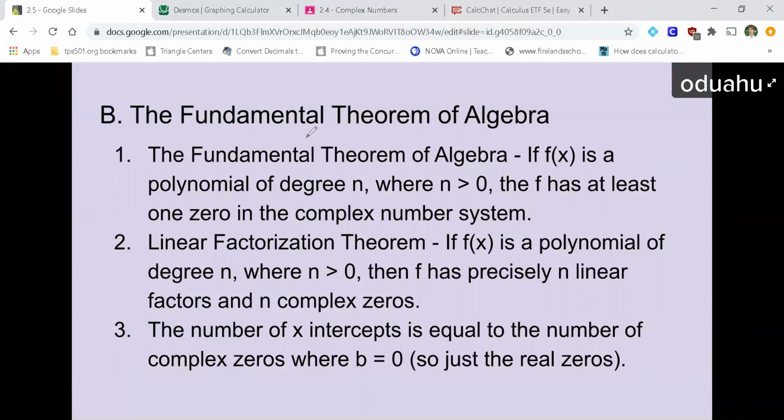All right, so let's start out with it. Subpoint B in your notes is the fundamental theorem of algebra. What it states is that if f of x has degree n, and n is greater than 0, then you have at least one zero that may or may not be complex. I should say it's got to be complex, but it may or may not have an imaginary part.